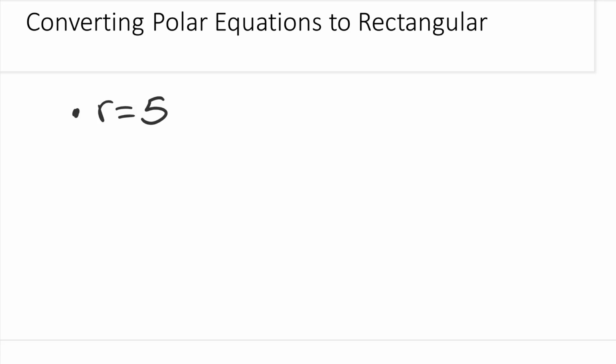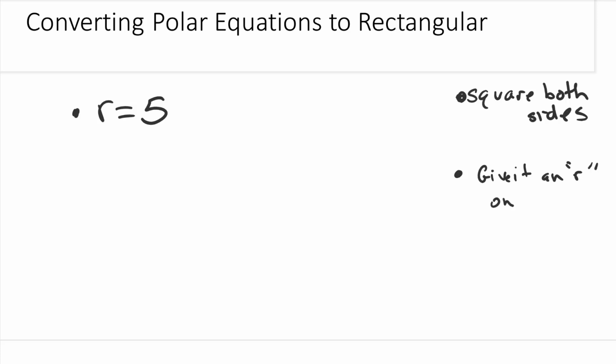That's usually the game. So we can square both sides, or give it an r on both sides. I should say multiply, but you know what I'm saying.